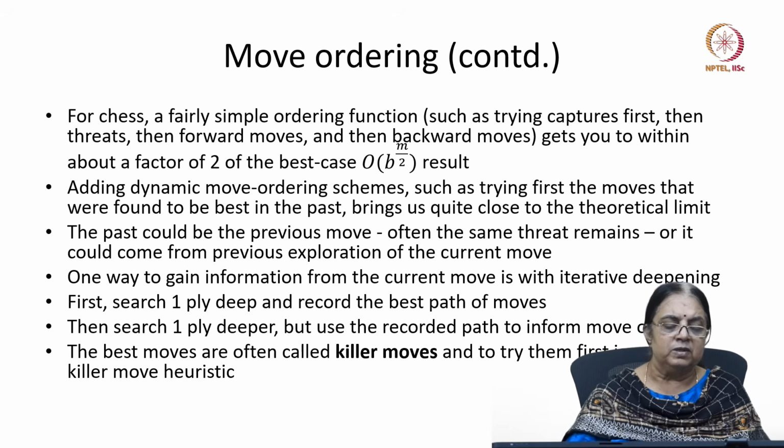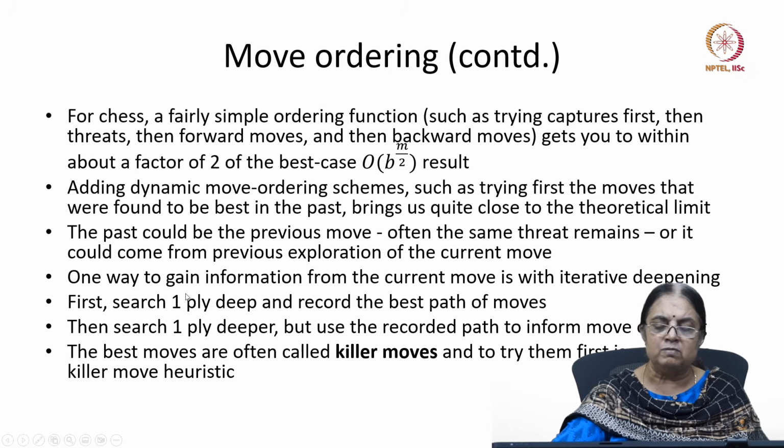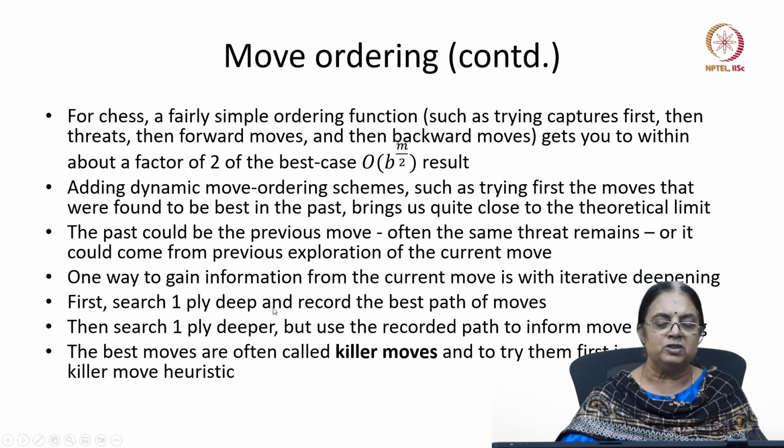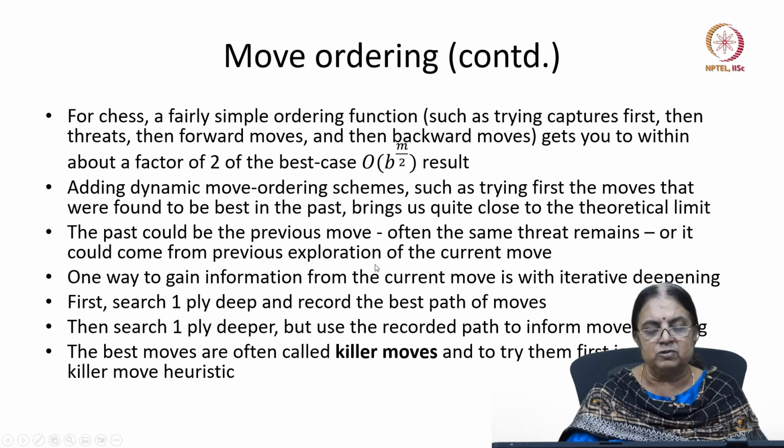So the best moves are called the killer moves, and you have what is called the killer move heuristic. I don't know much about chess, but these are some words or definitions which they use.